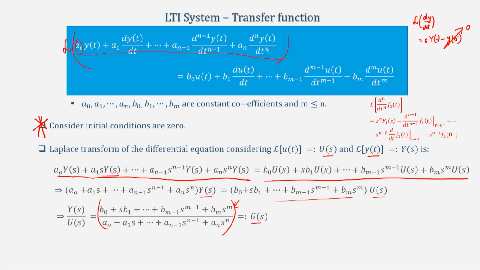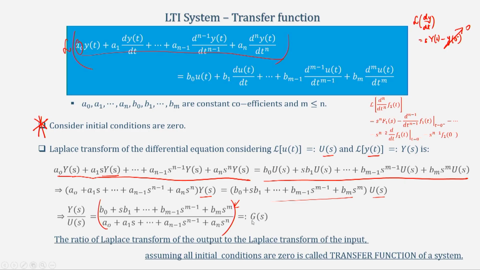This is what is known as the transfer function of the system. The ratio of the Laplace transform of the output to the input, assuming all initial conditions are 0, is called the transfer function of a system.